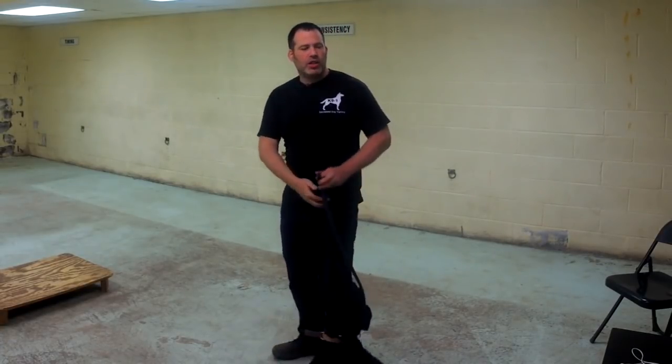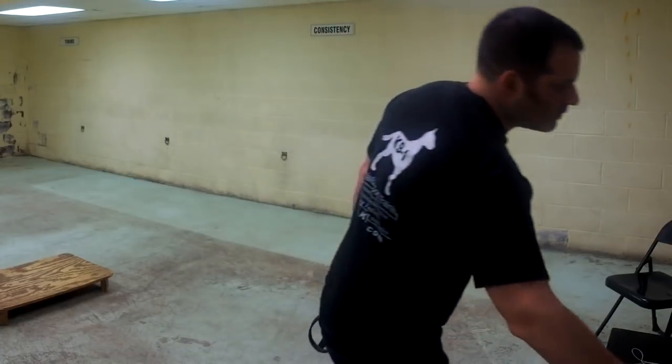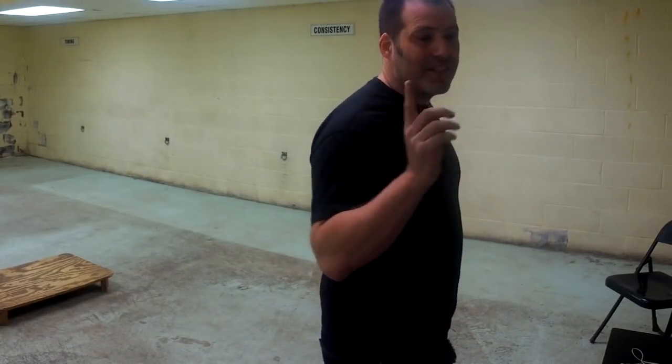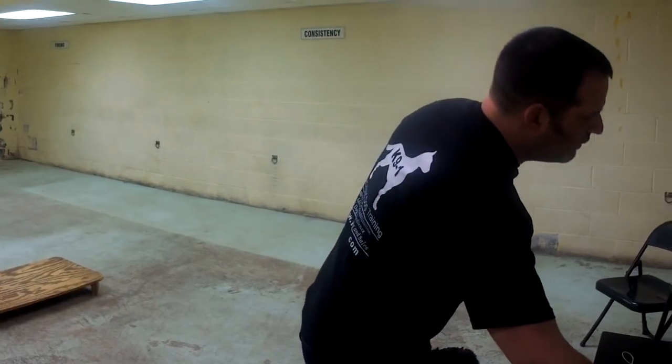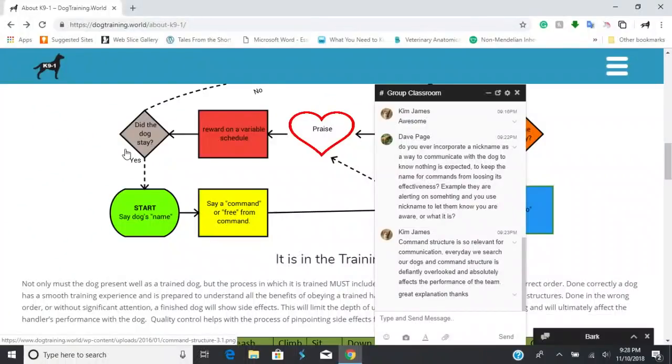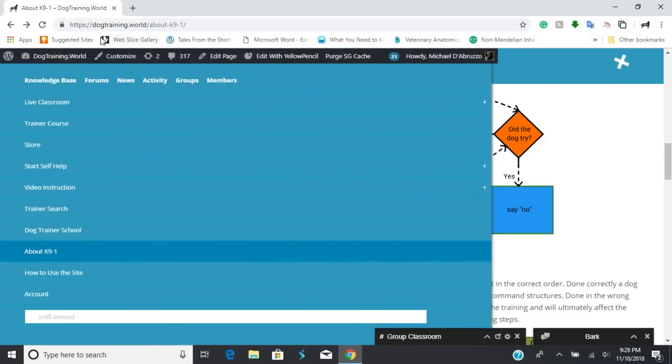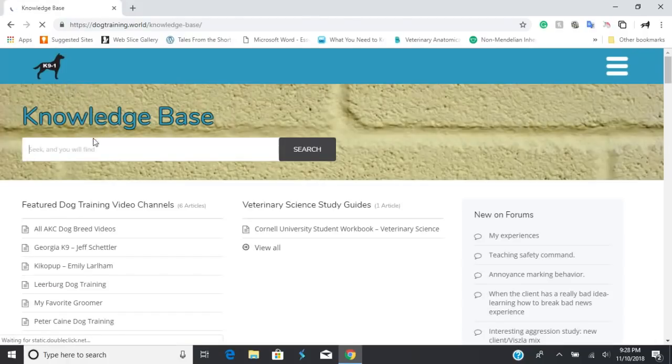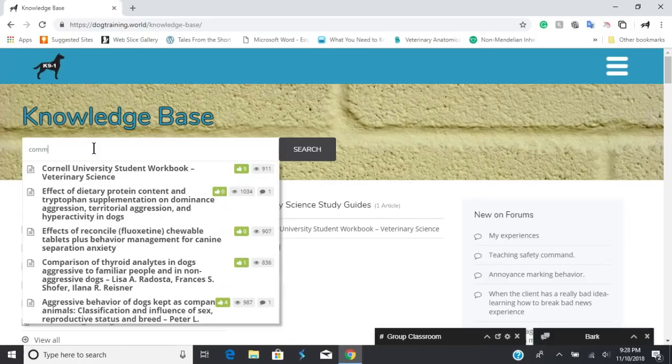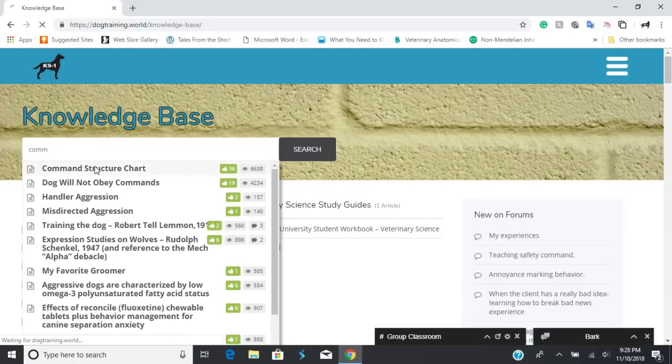The name, and you'll see, if you go over here for an explanation, the whole command structure is overlooked, but even just the name is so important. If you go over to the knowledge base, and it's going slow, and you put on command structure, command structure chart.